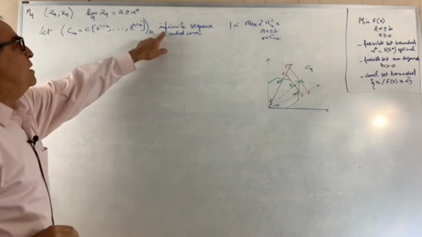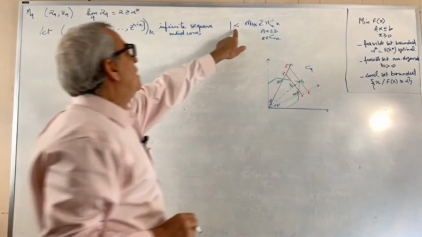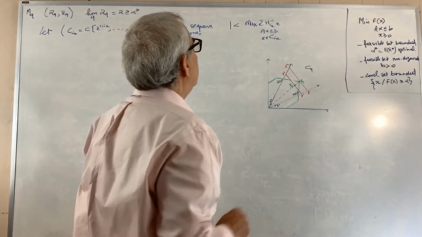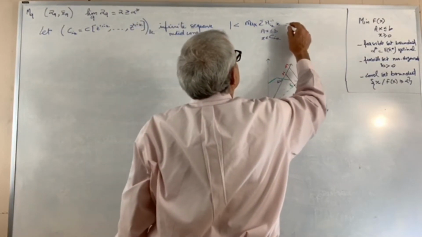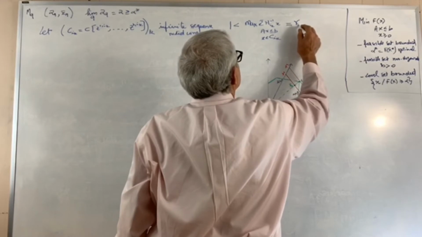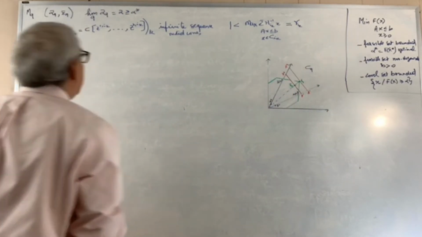That's what makes it infinite. So we never got less or equal to 1. And let's call this value gamma_{I_k}.